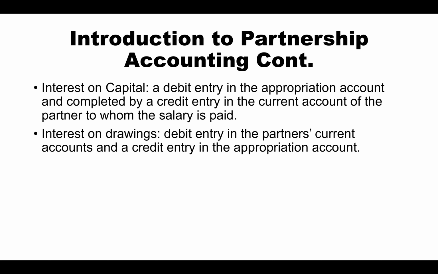Also, the interest on capital has a debit entry in the appropriation account, completed by a credit entry in the current account of the partner to whom the interest is paid. Then interest on drawings: you have a debit entry in the partners' current accounts and a credit entry in the appropriation account. So these are the partnership accounting treatments that we need to undertake.